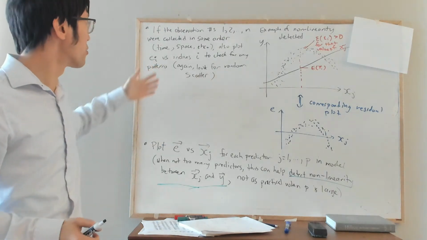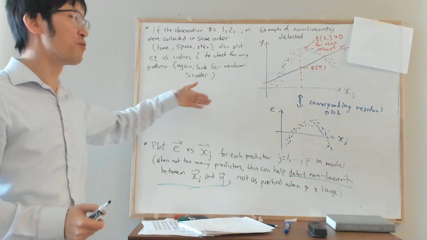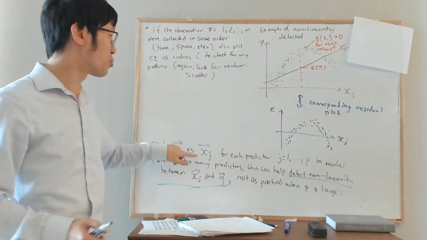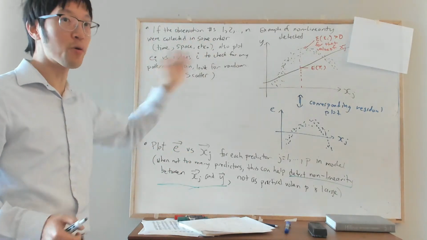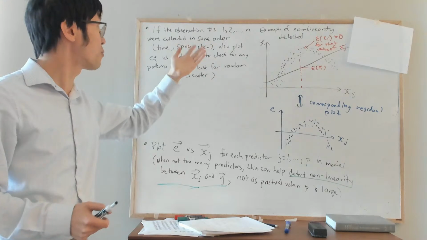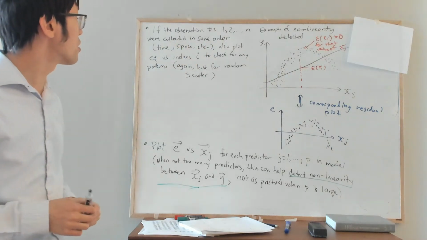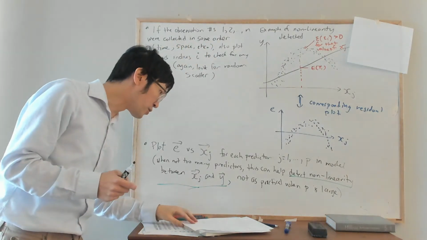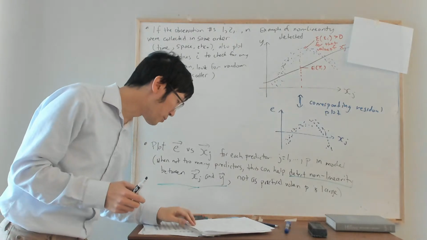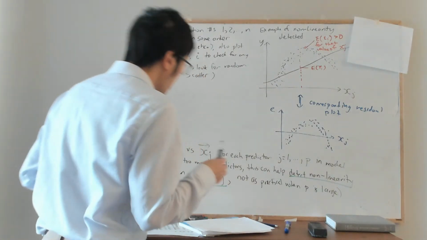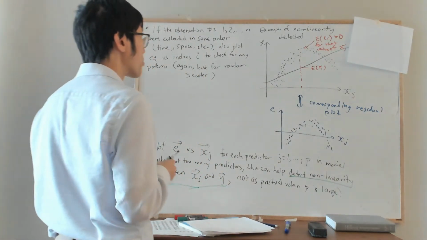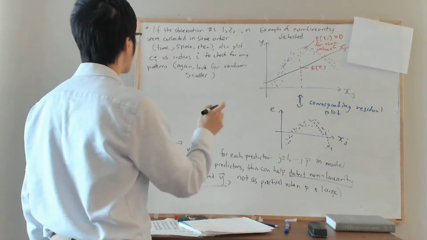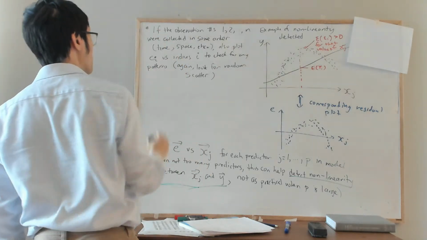You don't want to see patterns with respect to the fitted values, with respect to the predictors, and also, if relevant, with respect to the order in which the observations in the data were collected. Those are three sets of residual plots.